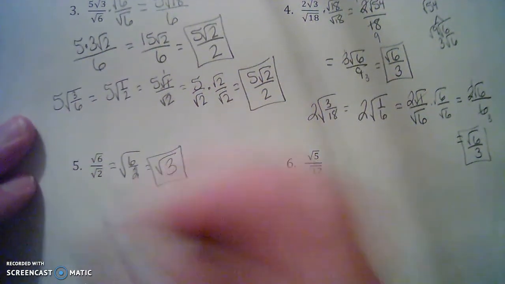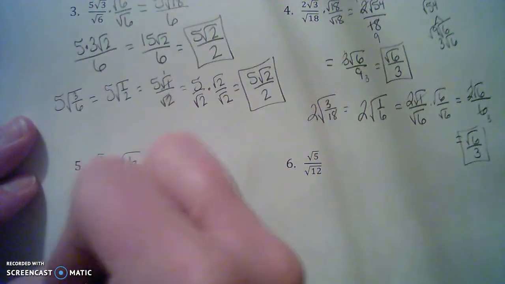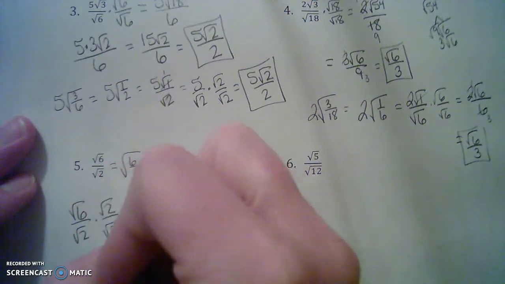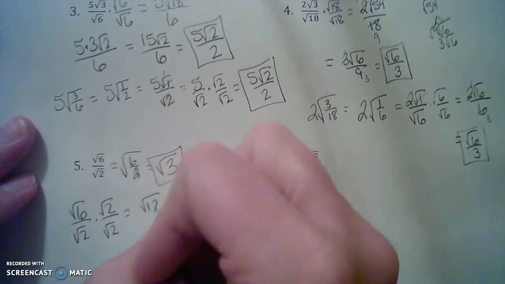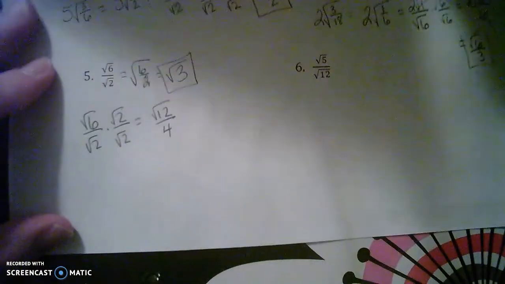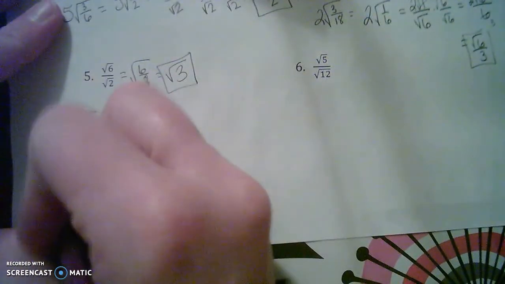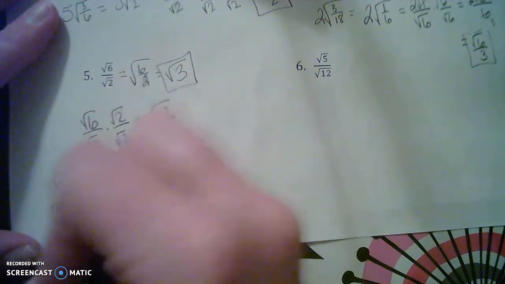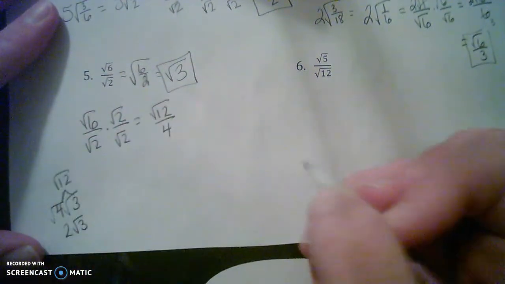If you do it what I would consider the long way, where we multiply by the square root of 2 and square root of 2, we get square root of 12 over 4. Then I have to go through and break down the square root of 12 and do that off to the side. 4 times 3, square root, 2 square root of 3.